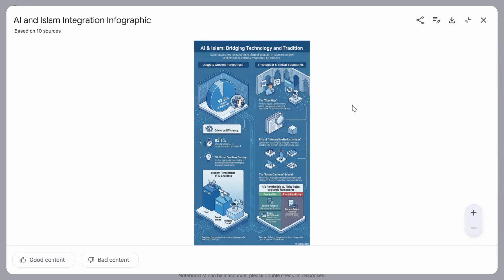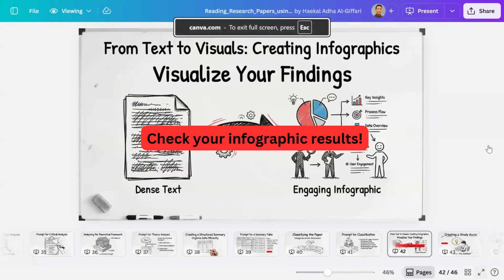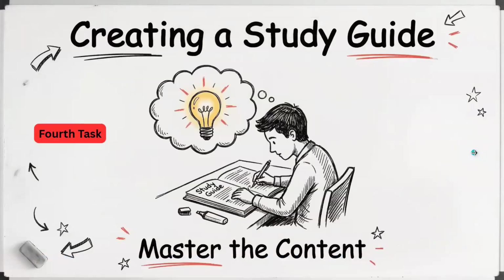Okay. And next, forecast. Number one, we've done with extracting the ideas and uploading the documents. Number two, we've done with the infographic. Number three, we've done with the data table. Last thing, we create a study guide.